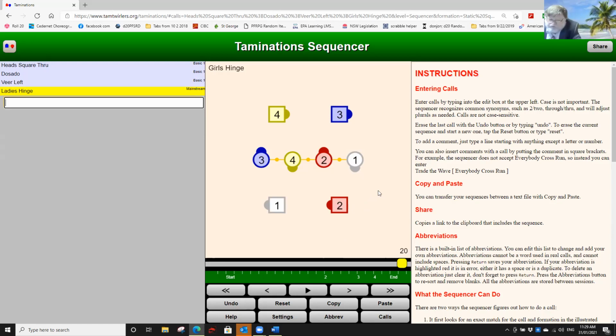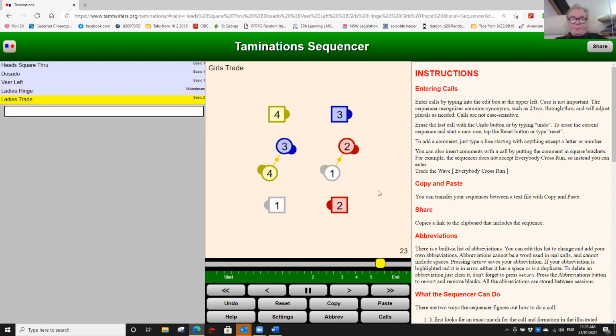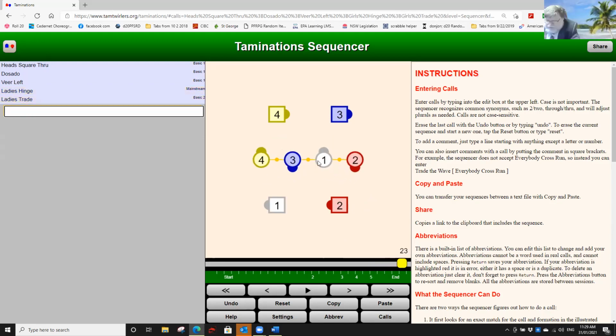Then if the girls trade with the right hand, are the girls in sequence? Yes. Using your numbering, 1, 2, 3, 4. No, it's 4, 3, 1, 2. Sorry, it is 4, 3, 1, 2. So that doesn't work.